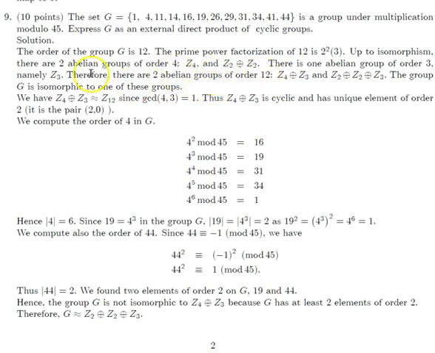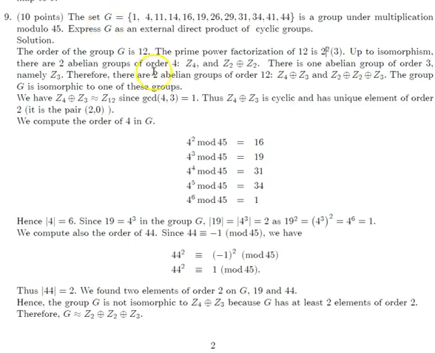So there are 2 abelian groups of order 4, Z4 and Z2 plus Z2, and there is only one abelian group of order 3. Then we combine each of these two possibilities with Z3, and we end up with 2 possible abelian groups of order 12, Z4 plus Z3, and Z2 plus Z2 plus Z3.